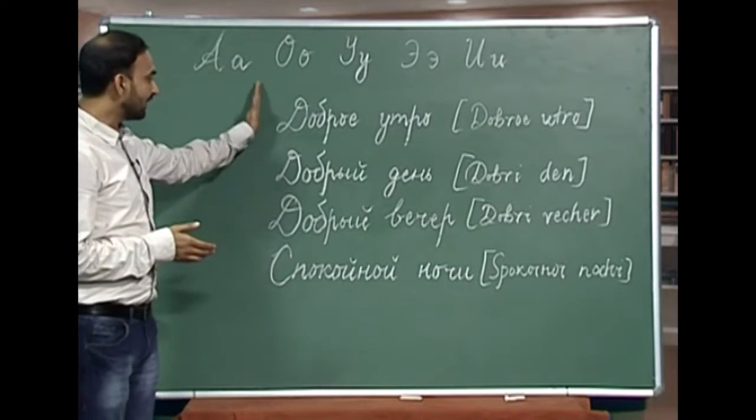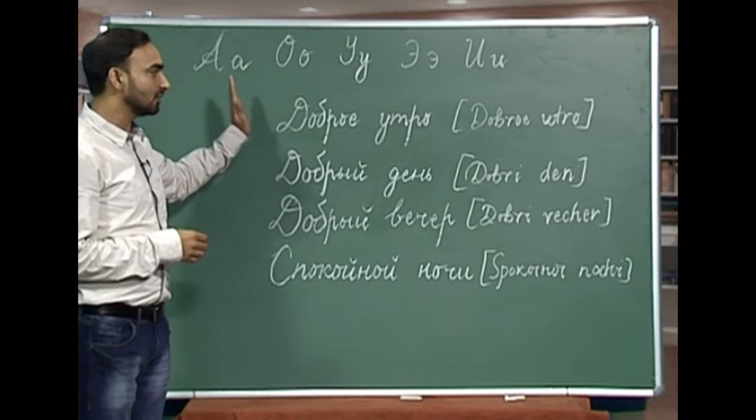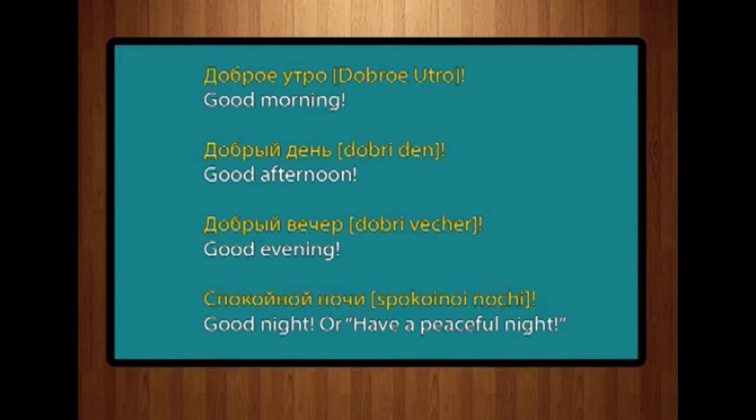So now we have understood how we wish someone we meet in Russian. Good morning is доброе утро. Good afternoon is добрый день. Good evening is добрый вечер. And good night is спокойной ночи.